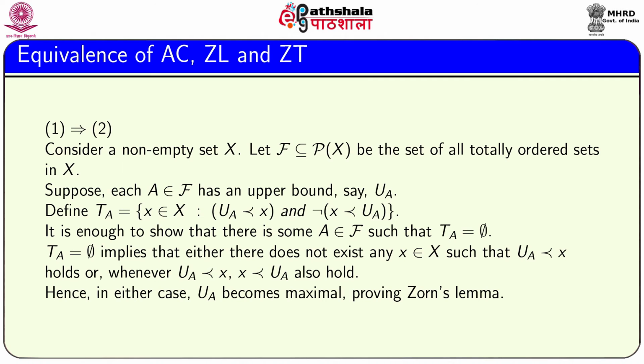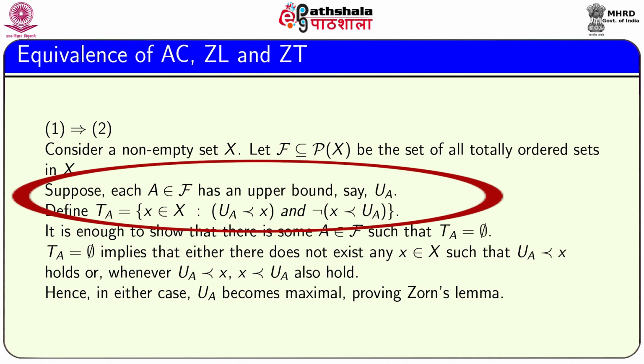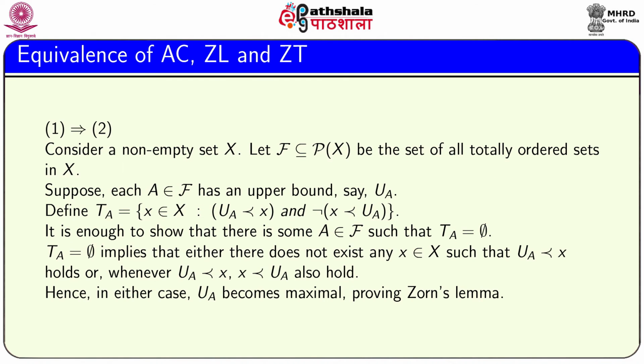Consider a non-empty set X. Let script F be the set of all totally ordered sets in capital X. Suppose each A belonging to F has an upper bound, and let us call that upper bound U A.